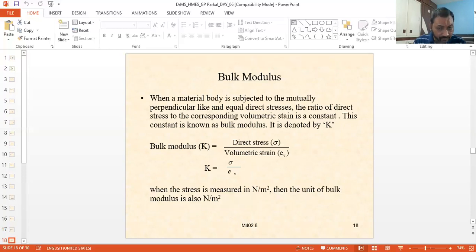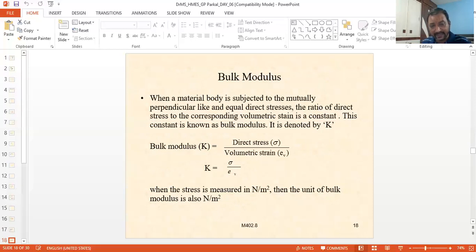Next one is the bulk modulus. Here, whenever a body is subjected to forces in three mutually perpendicular directions, some forces may produce positive strain and some may produce negative strain. All three forces may not be tensile, and all three may not be compressive.